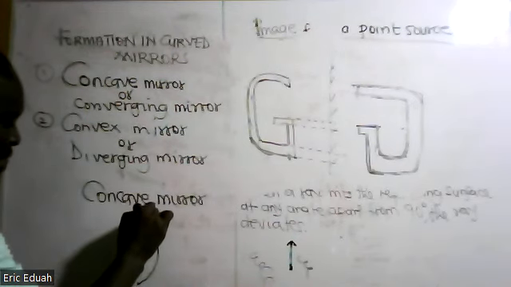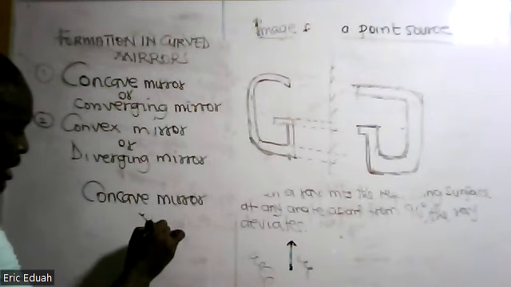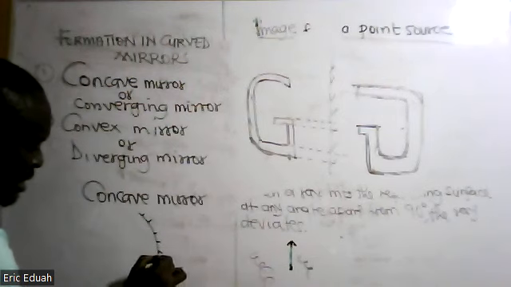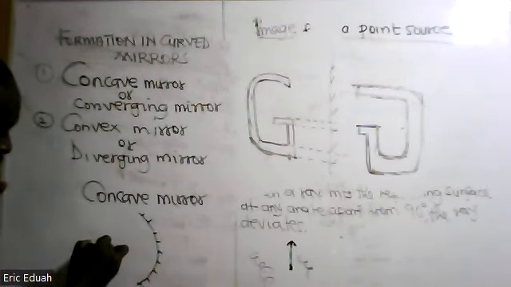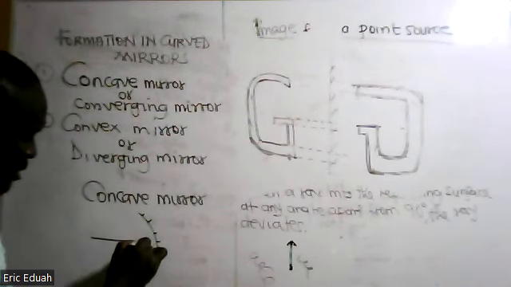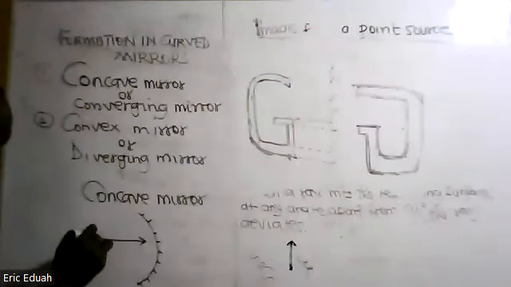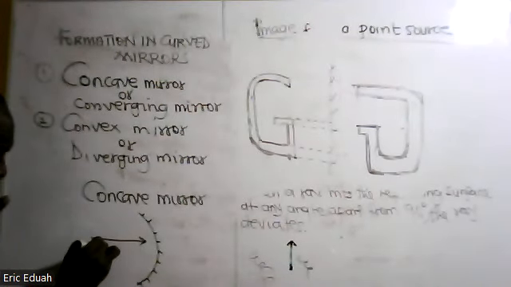The coated surface bulges out. So we have this end coated, and we have the reflecting surface curving in within. So as I said, the arrow always indicates the reflecting surface.